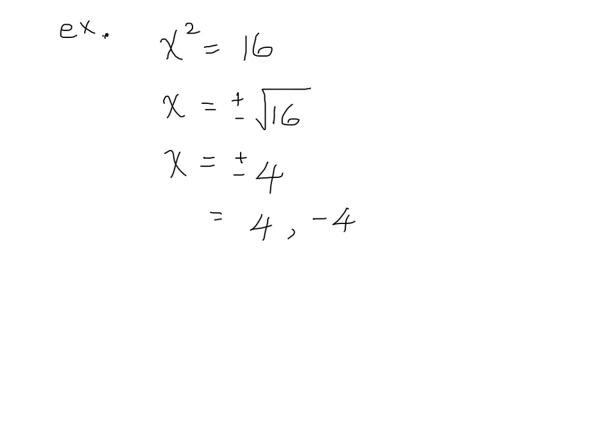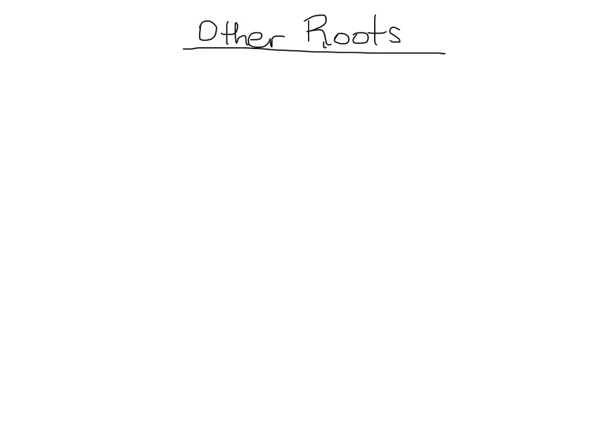All right, so let's talk about other roots for a moment. The root that we'll most often work with is square root, and you saw that when we use the square root symbol, there was no number right here. When there's no number right here, we assume that there is a 2 right here, and that's to find square root.